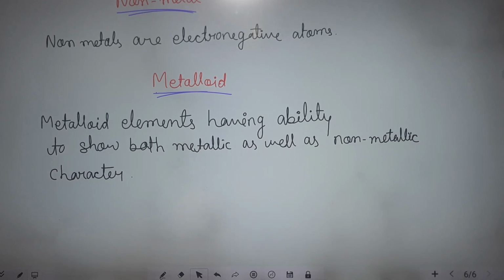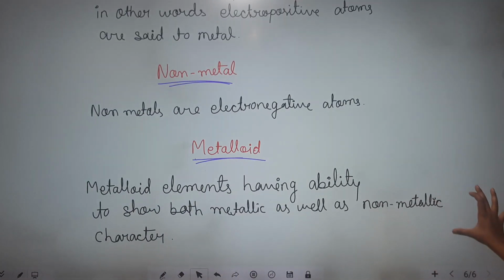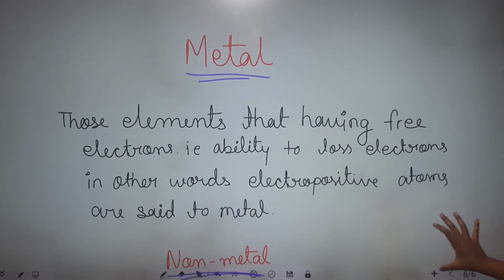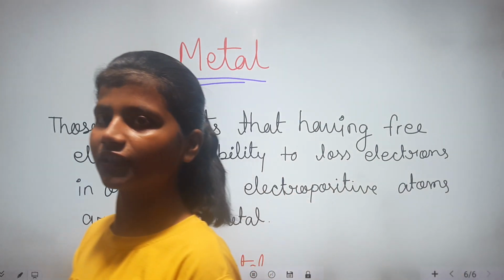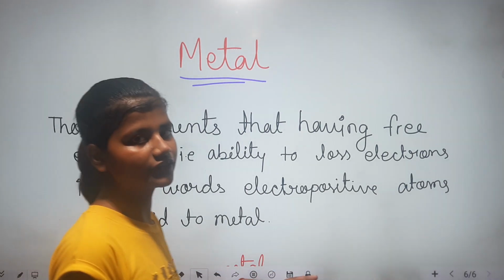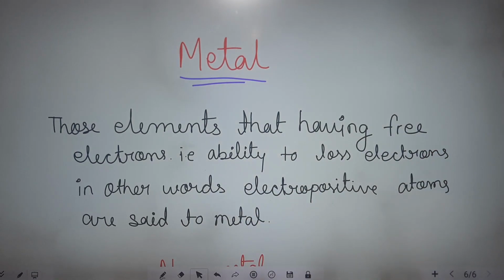So I hope you understand the classification of matter, the types of element. First one is metal: those elements that have free electrons, that is, the ability to lose electrons. In other words, metals are electropositive atoms.